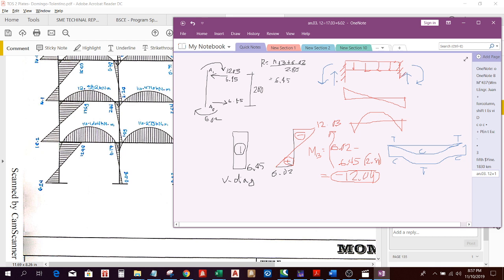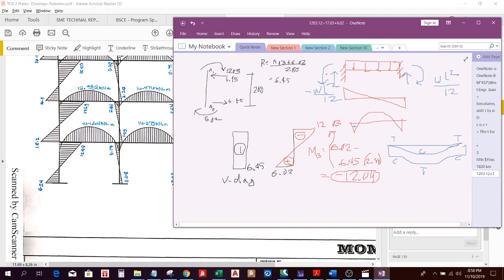That means on the left, the negative moment here is negative WL squared over 12. On the right, that is positive WL squared over 12. So negative going down, negative area. Then this one is going up, so the shear is going up on the left side.